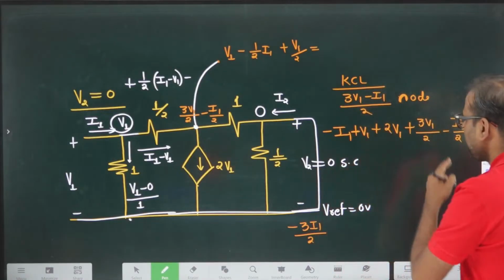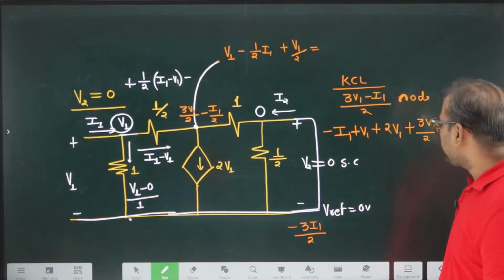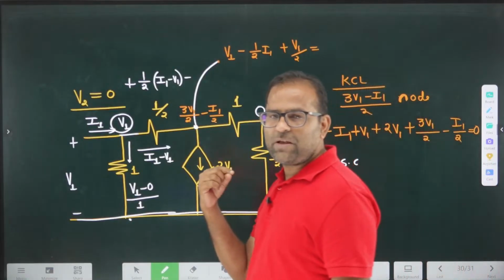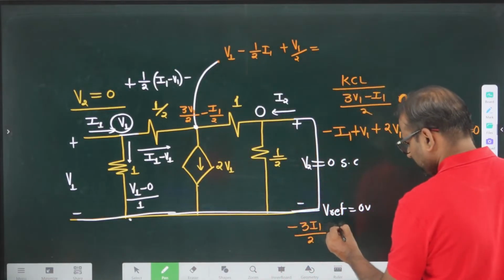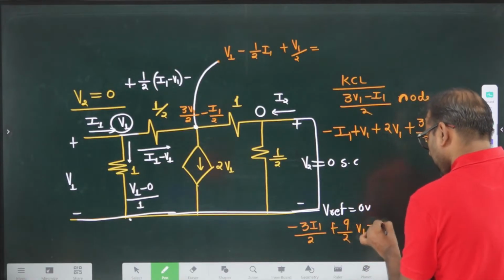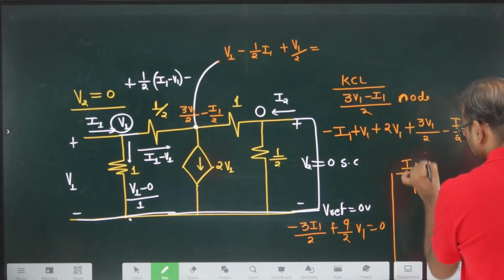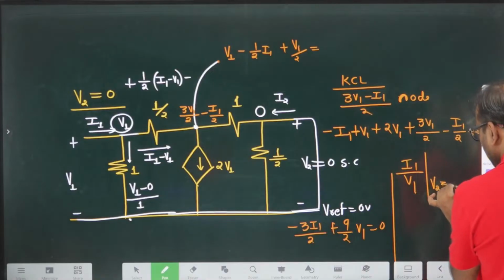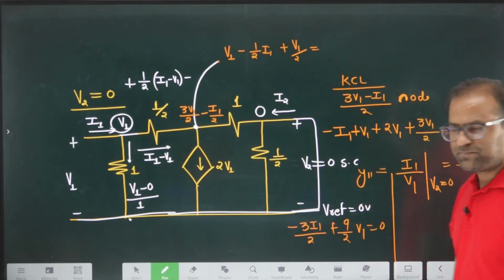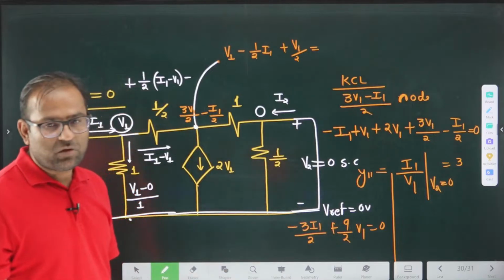And this value is 3 by 2 plus 3 plus 3 by 2. 3 plus 3 by 2 is 3 plus half. 3 plus half is 3.5 plus 1, 4.5. 9 by 2. Plus 9 by 2 into V1 equal to 0. And when you write it, the value of I1 divided by V1 by making V2 equal to 0, this value is what? 3. So you can calculate the Y11 parameter directly. You don't need to write a lot of equations, just one equation can solve your problem.